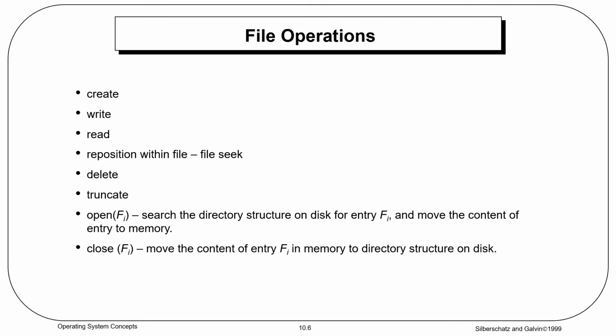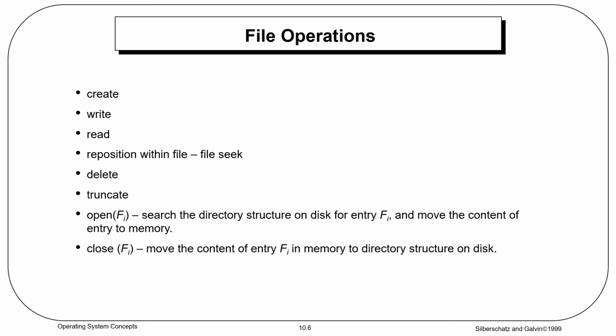Next we will see repositioning within a file. Within a file we can move the data, repositioning. Let us discuss how we can achieve it. The directory is searched for the appropriate entry, and the current file position pointer is repositioned to a given value.